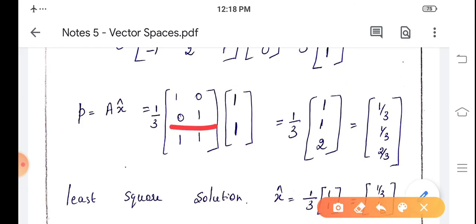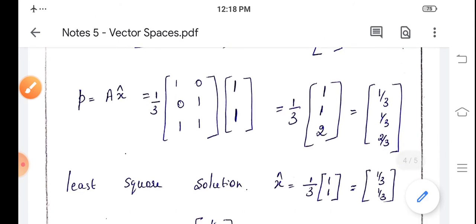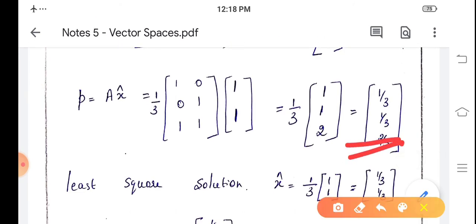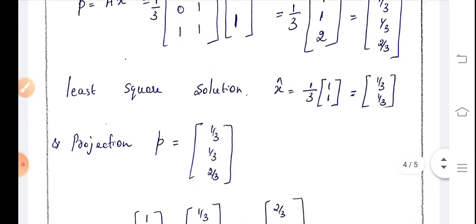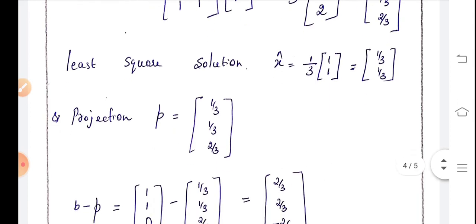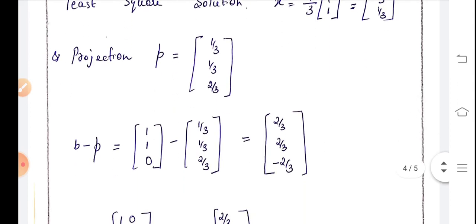And next row, 0 into 1 plus 1 into 1, that is also 1. And next we multiply 1 into 1 plus 1 into 1, that gives 2. Or 1 by 3 into [1 1 2], or we write it as [1/3 1/3 2/3]. So this is the projection of B onto the column space of A. So here we obtain least square solution as x cap equal to [1/3 1/3], and projection P is equal to [1/3 1/3 2/3].